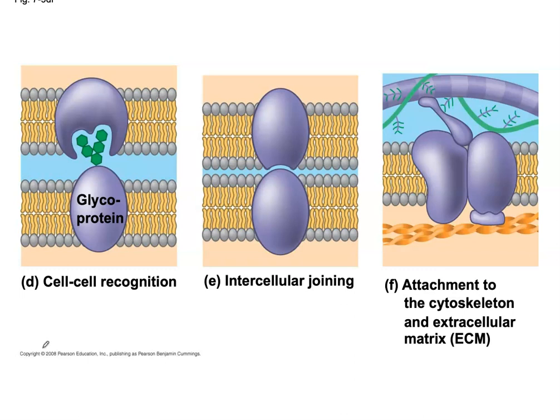For example, if you have a bacterial infection, or amoebosis, which is a eukaryotic cell, your immune system has to have a way in which it recognizes cells that belong to you and cells that are foreign to you. The way it does that is by using the receptors on top of your cell that your immune system recognizes. So that is cell-to-cell recognition.